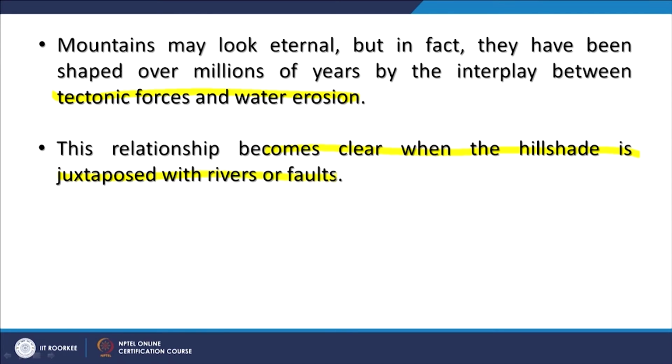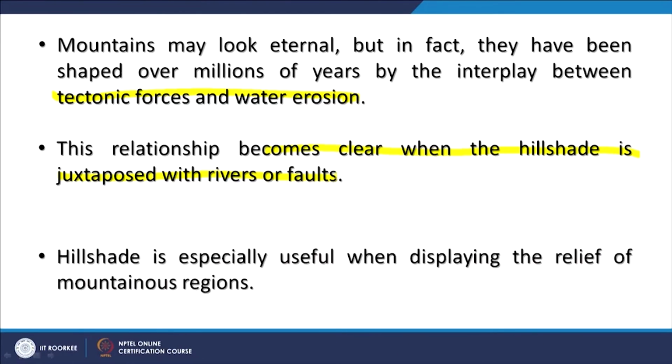That is why I was saying that for presentations, if possible, bring a hillshade in the background and then plot your data. It would be more interesting, more convincing, and the audience can immediately feel the ruggedness of the terrain.